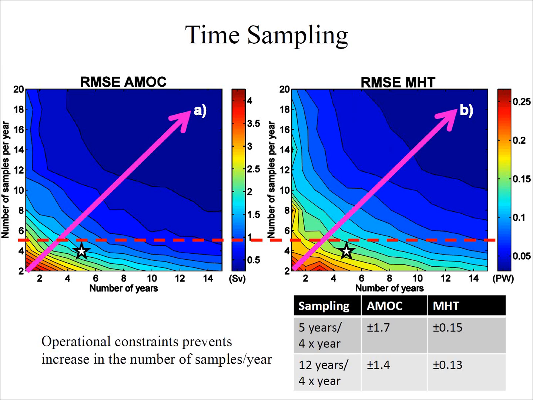Increasing the number of years can be a good improvement for our data. But you see, for example, for 12 years, we improved from 1.7 RMS to 1.4. So we need like 15 years of data at quarterly sampling.